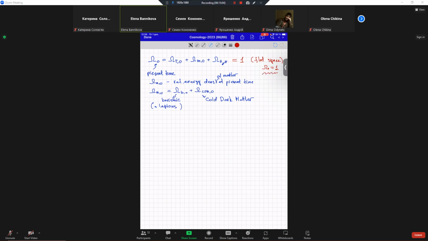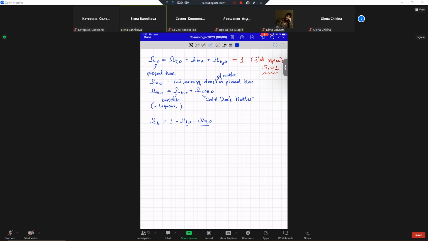This is also an observational discovery: omega 0 equal to unity comes from the CMB, and if we have time, we will speak about this. And since on the right side we have 1, we can understand that if we would like to find omega lambda, it should be 1 minus omega r0 minus omega m0. If you estimate these two, finally you can obtain the value of omega lambda.